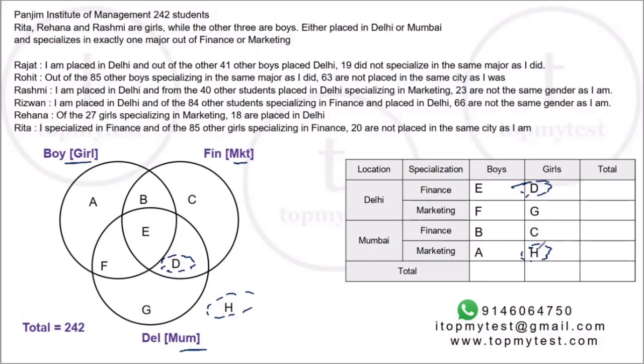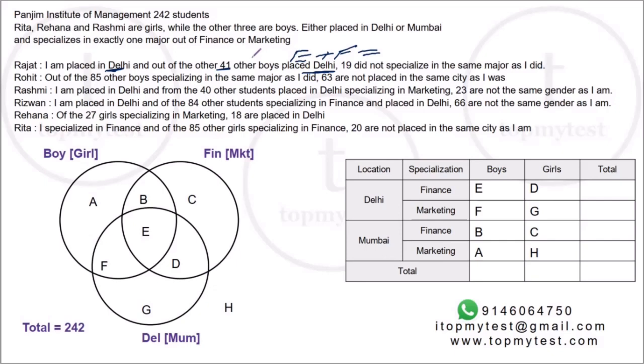Now let's quickly fill up this table. Rajat says, I'm placed in Delhi, and out of the 41 other boys placed in Delhi. Okay. So Rajat is a boy from Delhi, and there are 41 other boys who are placed in Delhi. Boys, Delhi would be ENF. So ENF are being talked about.